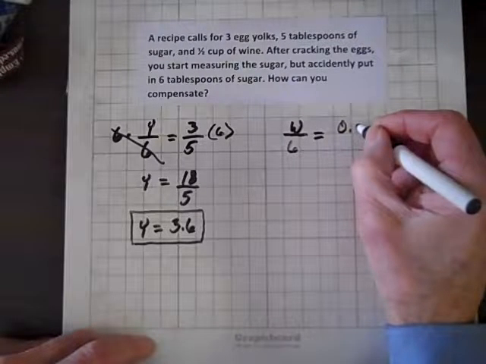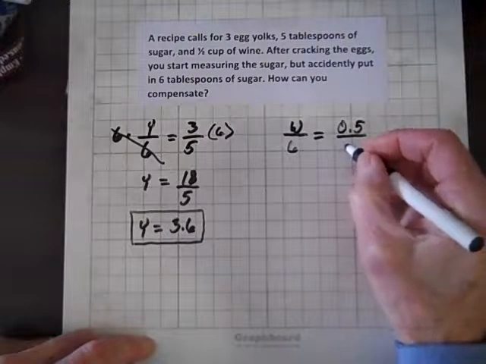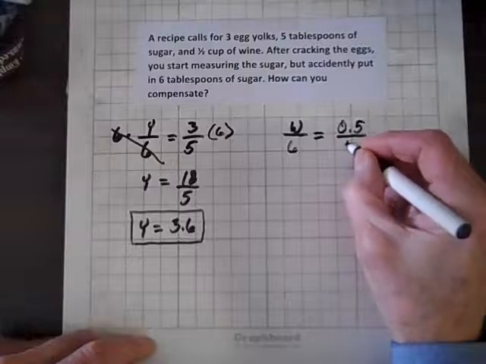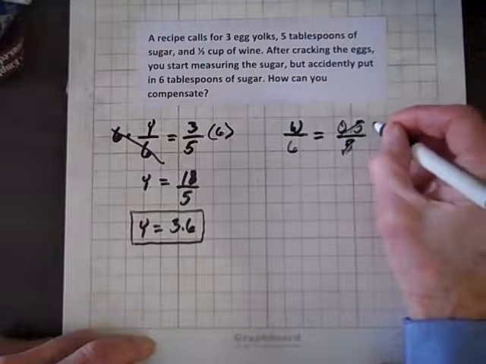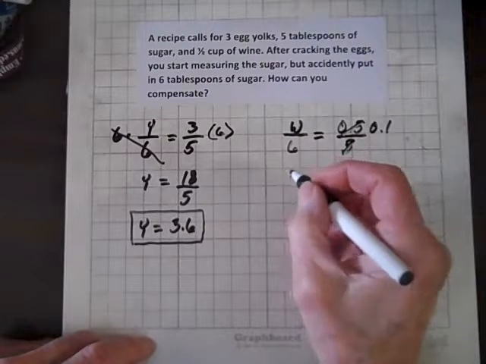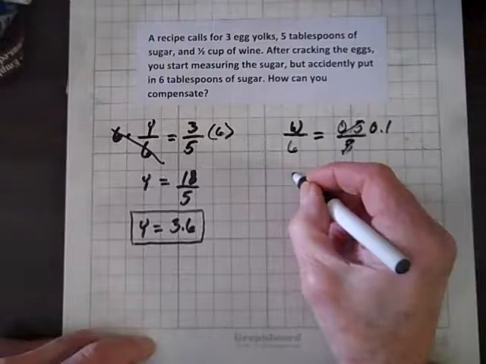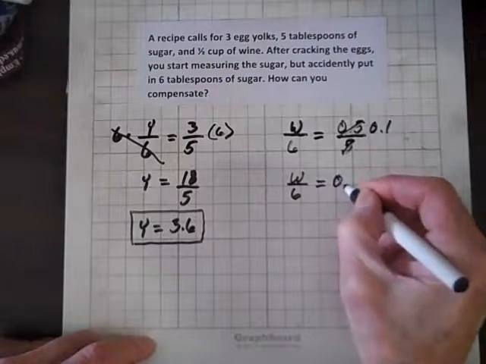Well, half a cup is 0.5 divided by, and again, 5 tablespoons of sugar. And notice 5 goes into 0.5 0.1 times. So, W over 6 equals 0.1.